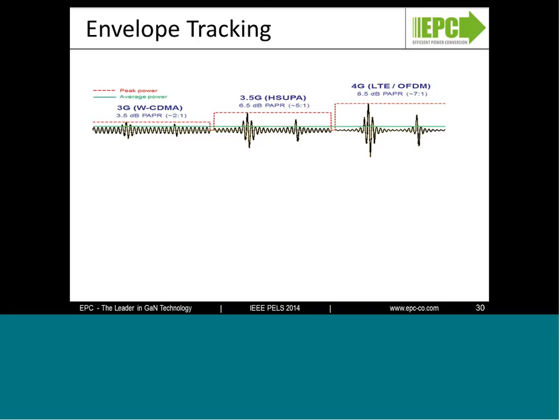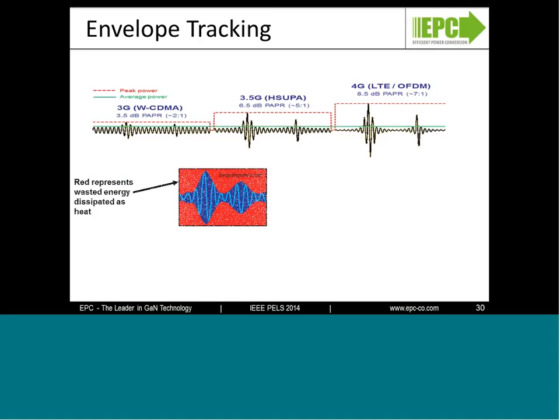So when you look at the 3G signal, the average power was only around half of the peak power. When you look at the 4G signal, the peak power is around 7 times the average power. And that's going to have a significant impact on the efficiency and the performance of the RF power amplifier.